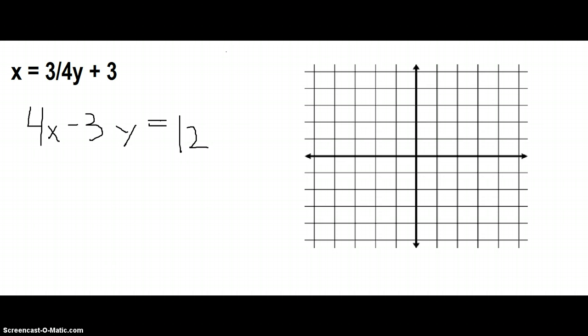Side note. Okay, we have our standard form, but how are we going to find the y-intercept and x-intercept? Easy. To find the y-intercept, all you have to do is let x equal 0. So instead of 4x minus 3y equals 12, it'd be 0 minus 3y equals 12.